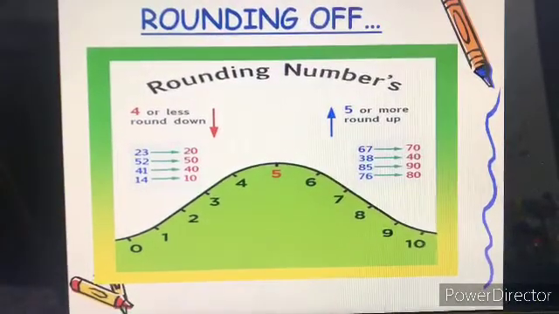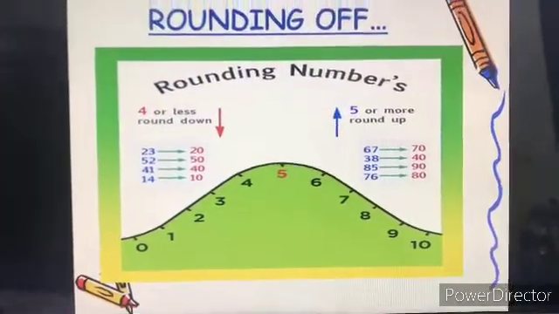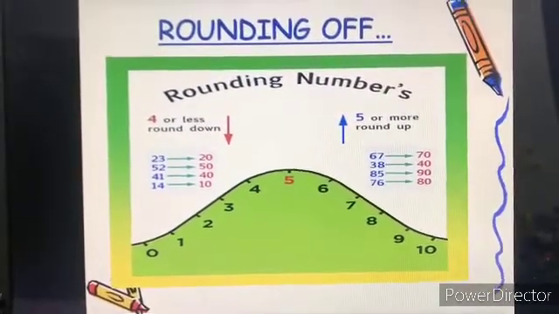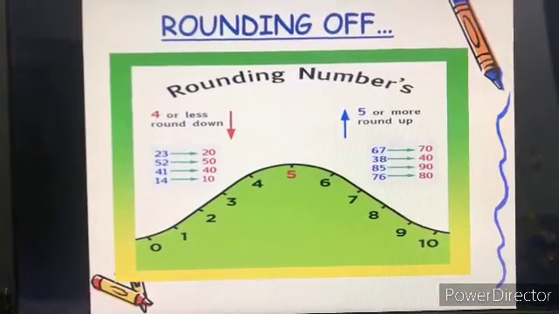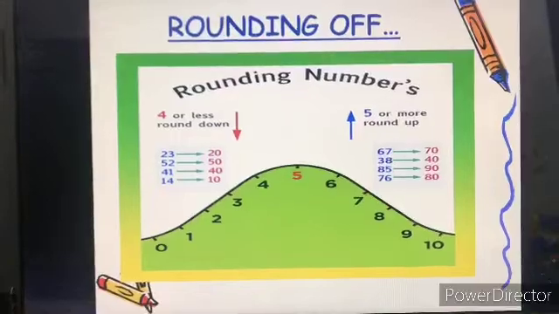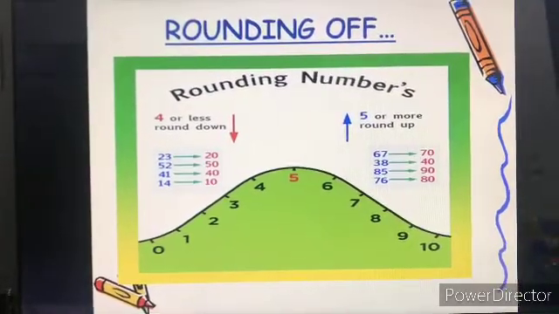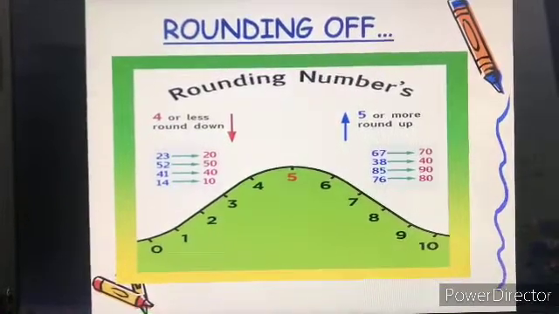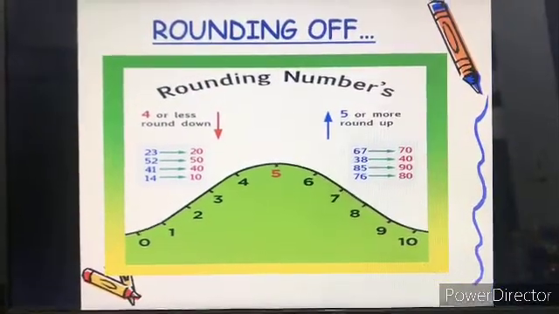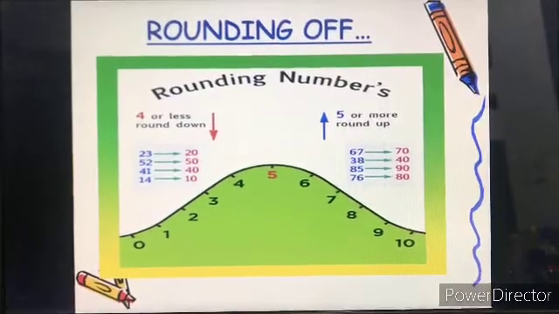Now we will start with today's topic, and that is rounding off. We used to round off in our addition, subtraction and multiplication chapters. So we all know this word, rounding off. How did we used to do that? Can anyone please tell me how we round off any number?